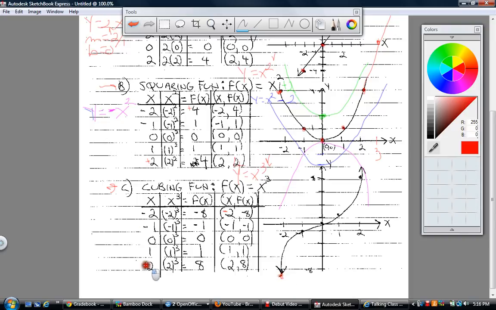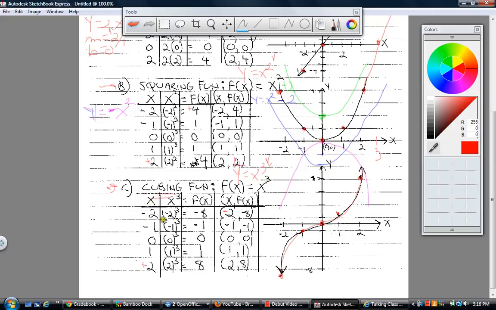Look what happens if you put a positive 2 in. Positive 2 cubed equals 8. 2 comma 8 is right here. Put a 0, 0 cubed is 0, and you go right through the origin. You put a negative 1 in, the output is negative 1. Put a positive 1 in, the output will be a positive 1. This forms what I call a propeller. Interesting shape when you do cubing functions.